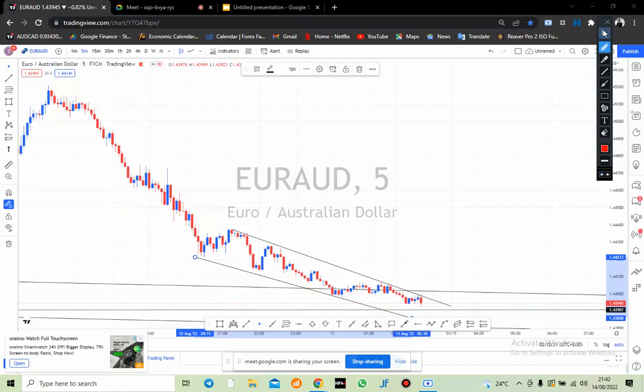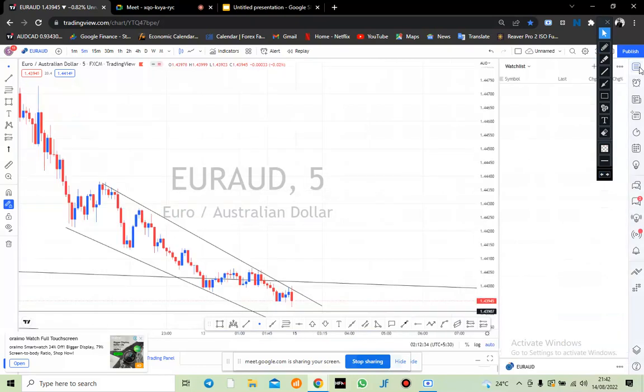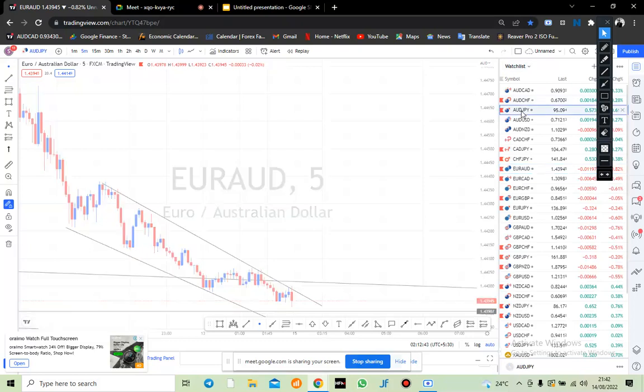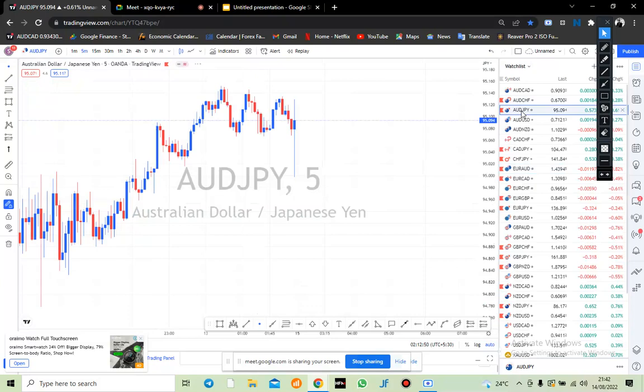Remember the AUDJPY. AUDJPY is like a rising wedge pattern. Okay, rising wedge pattern. Let me show you. Okay, it's like a rising wedge pattern. You can see the price is moving, creating some sloping movements, rising wedge pattern.